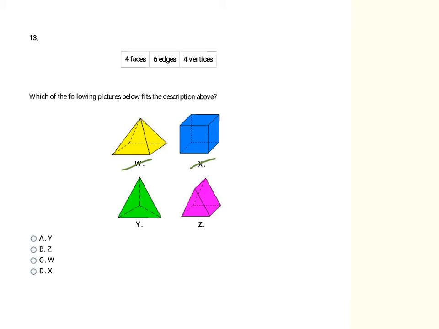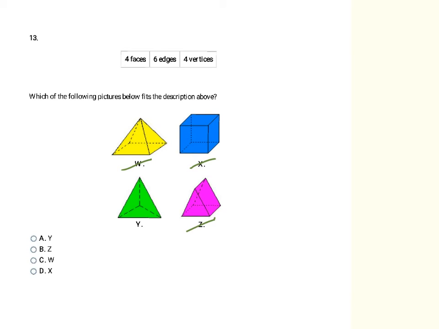Y is a triangle on the bottom and then 3 around the side, so that's going to be a total of 4 faces, so Y checks out. And then Z, I have 2 triangles across from each other connected by 3 rectangles. So that's 5 faces, not 4, so it can't be Z.